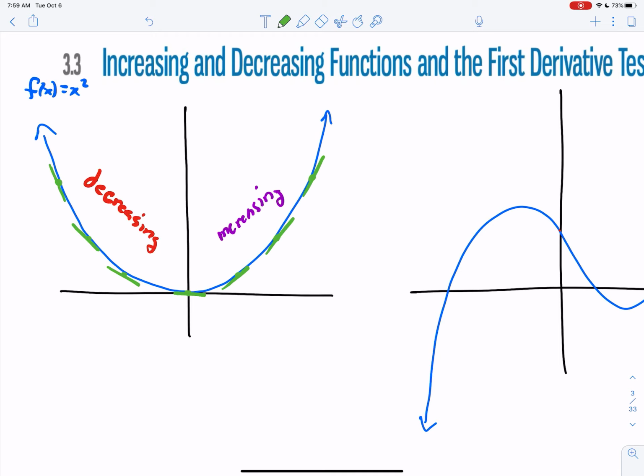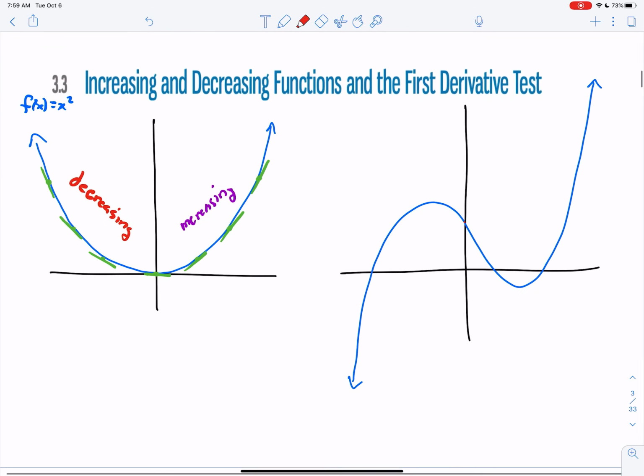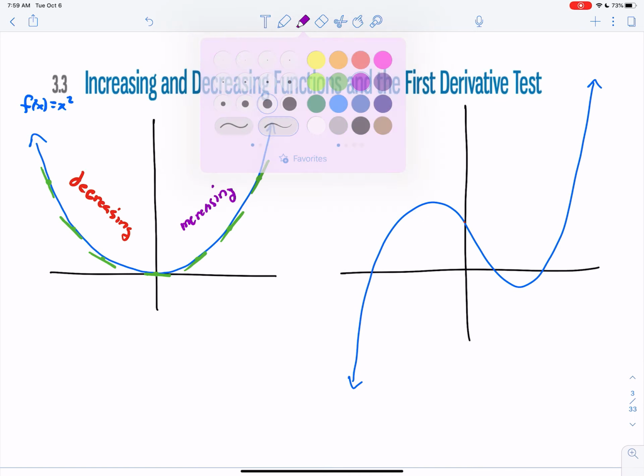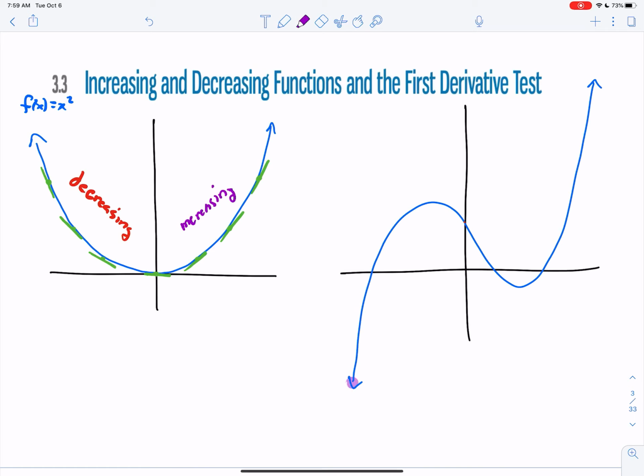So let's take a look at this cubic function right here, or odd degree function, I should say. So notice how the graph starts to go upwards, increasing in y values. So it starts to increase. Then eventually it stops increasing and then it'll decrease.